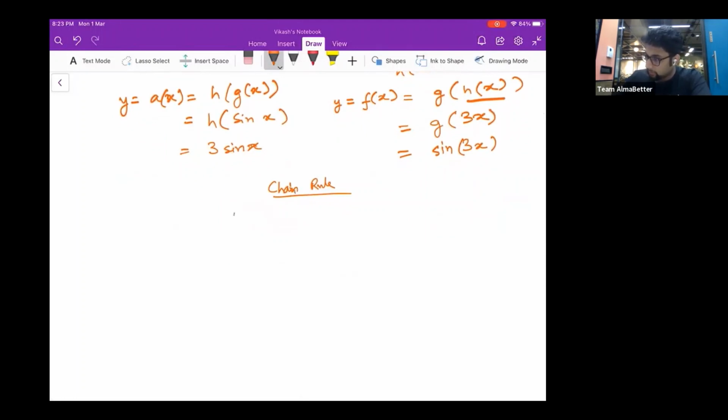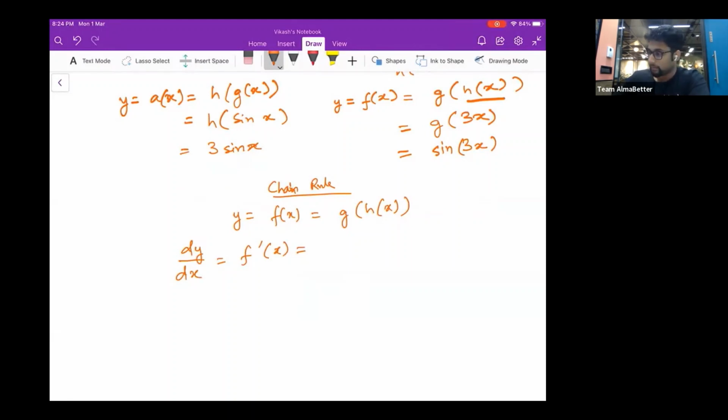What this says is that, let's say you have a function of this form, f(x), and now you want to calculate the derivative of f(x). So what you do is, first you take the derivative of g with respect to h(x).